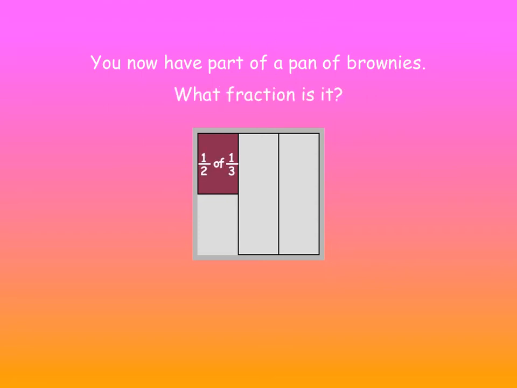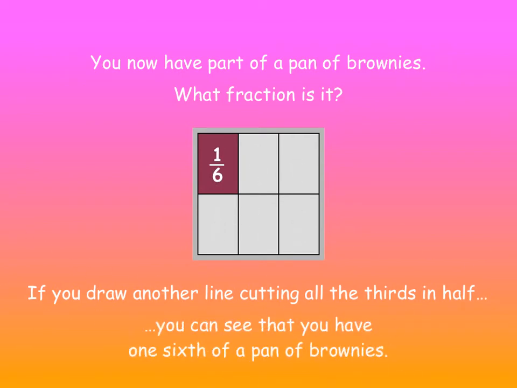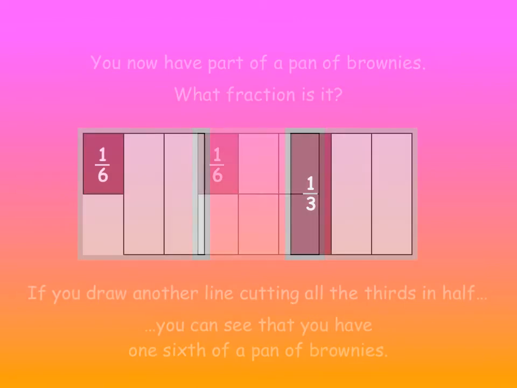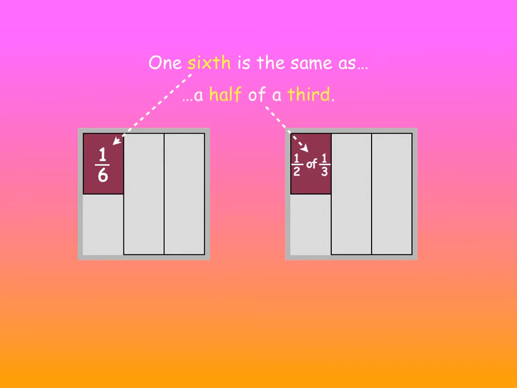So you got part of a pan of brownies, but what fraction is it? Well, we know it's a half of a third, but that's not a normal name for a fraction. If you draw another line, cutting all the thirds in half, you can see that you have 1/6 of a pan of brownies. 1/6 is the same as 1/2 of 1/3.